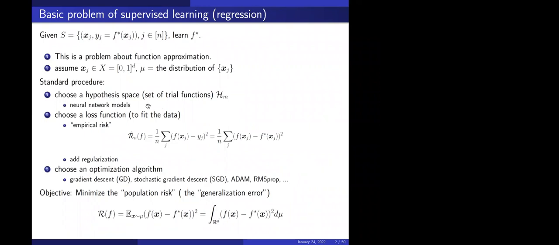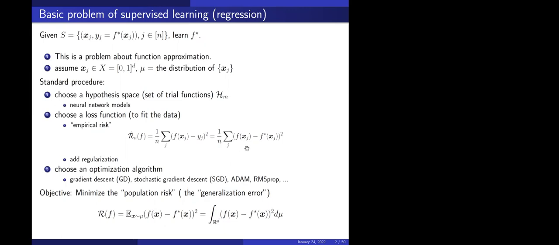For example, you can choose piecewise polynomials if you want finite elements. In machine learning, particularly in deep learning, people typically choose neural network models. That's another way to parameterize functions. The second step is to choose a loss function, namely to formulate an optimization problem in order to find the best approximation to f star. Remember, we want to approximate f star.